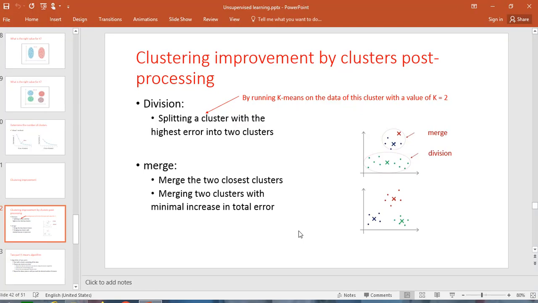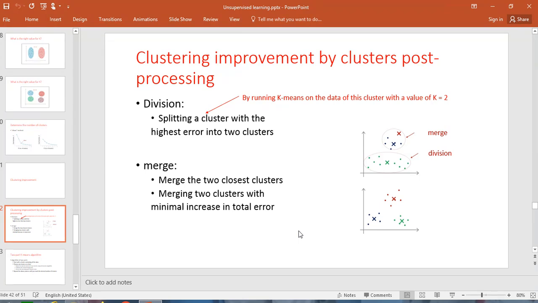For this, we have to choose the worst cluster. So we choose the cluster that has more dispersion to divide. This concept is also called the Ward criterion. We use the K-means algorithm itself to divide into 2 clusters. We ask the algorithm to put the data in this scattered cluster into 2 separate clusters.